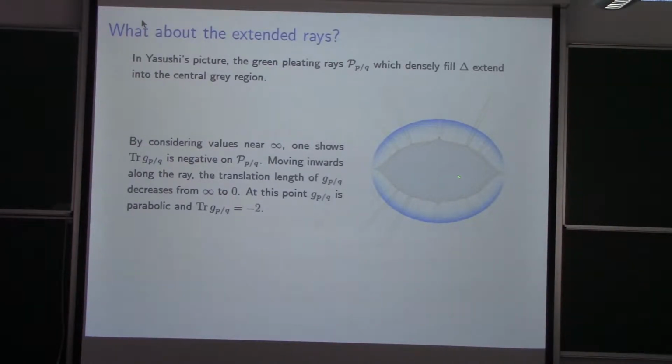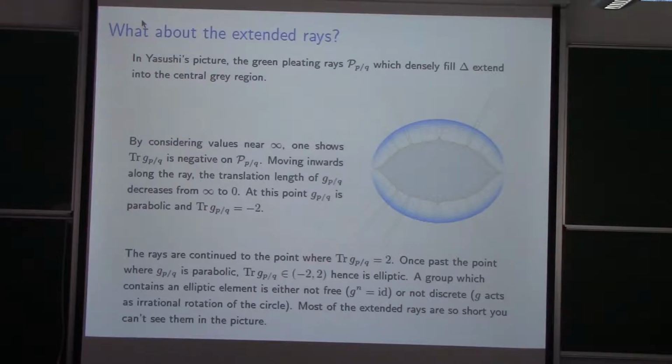If you continue the ray, you run into the region where the trace goes on increasing from -2, and you can run it along until you get to the value 2, which means you've actually got to the place where this thing is the identity.